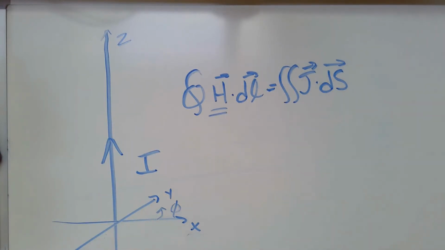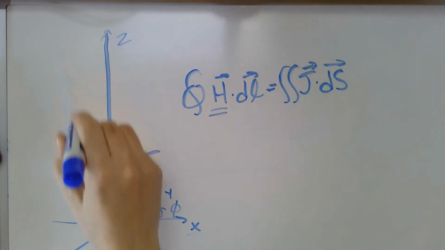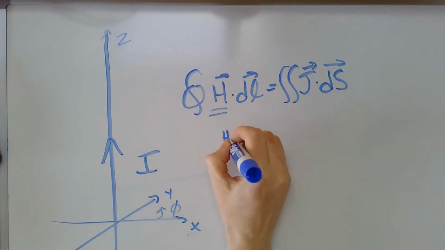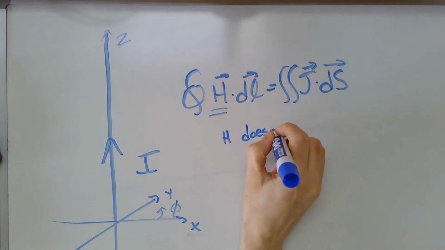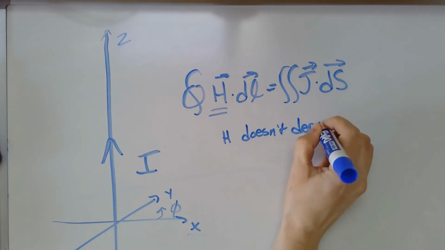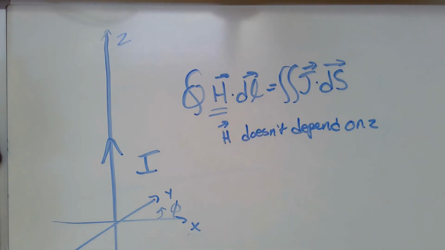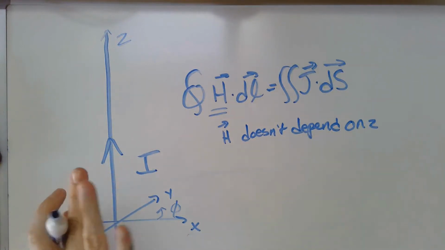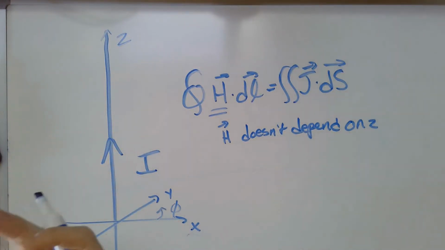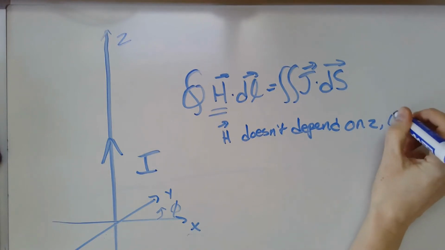So what we're going to do is say symmetry-wise, we could shift this problem along z and nothing would happen. So H doesn't depend on z. Similarly, we could rotate this problem around by changing where the 0 value of phi is. Nothing would happen. So it doesn't depend on phi either.